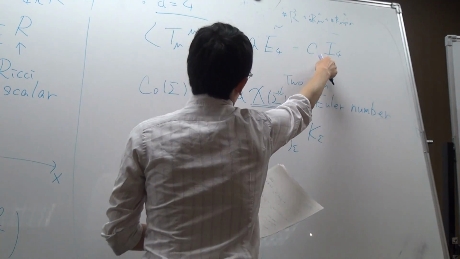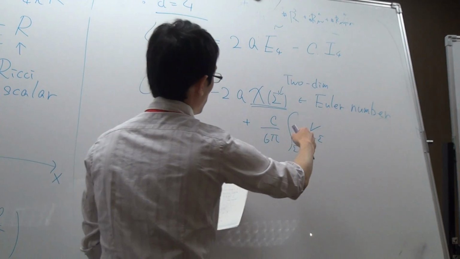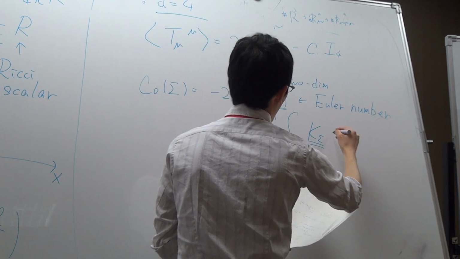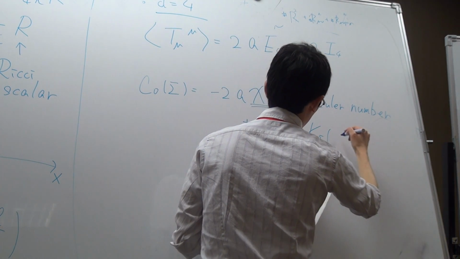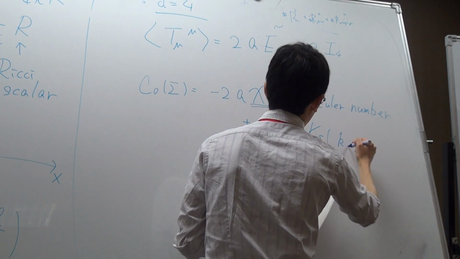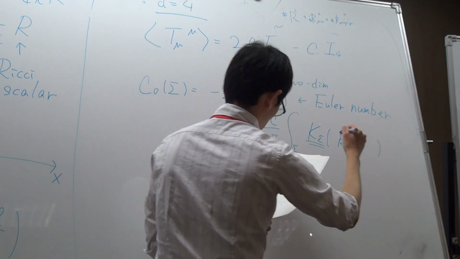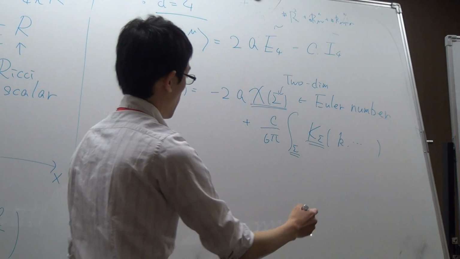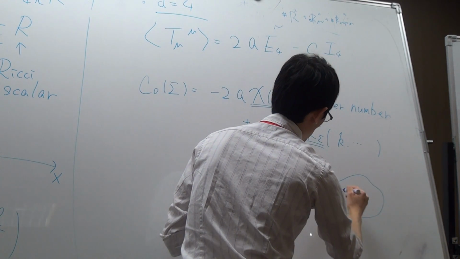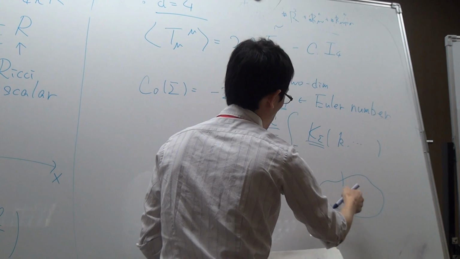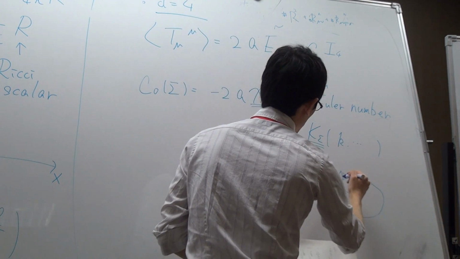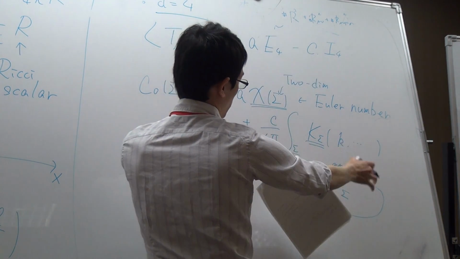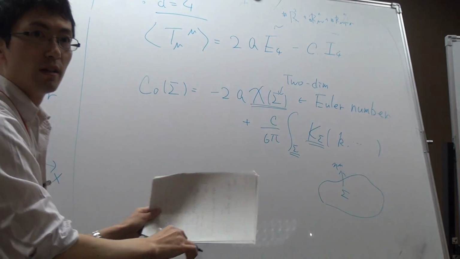And from this term, you get some integral over sigma. This is a two-dimensional integral of some function of the extrinsic curvature K. I will not write it explicitly, but you have some polynomial of the extrinsic curvatures. Extrinsic curvature means that you have sigma and you measure its curvature from outside, with some normal vector and other vectors.